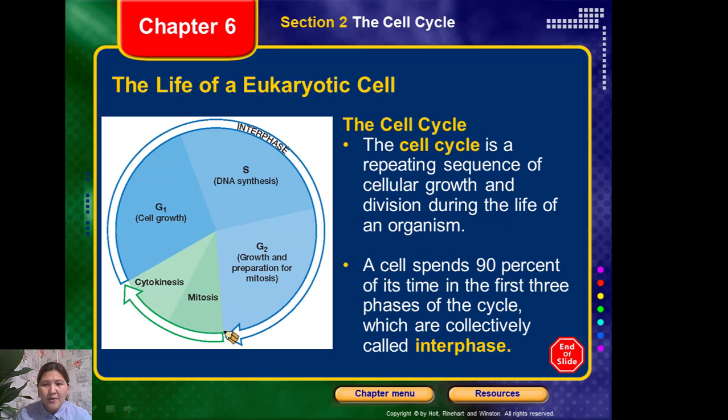Mitosis, you see, the other 10% takes mitosis and cytokinesis. Mitosis has 5 phases. We'll talk about it. But cytokinesis means when the cytoplasm, the liquid part, the jelly part, is also dividing into 2 different cells.